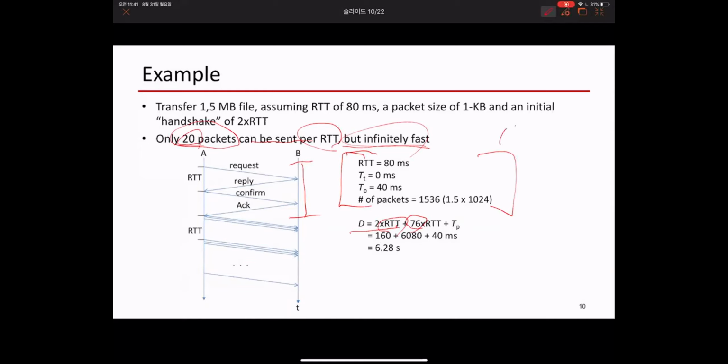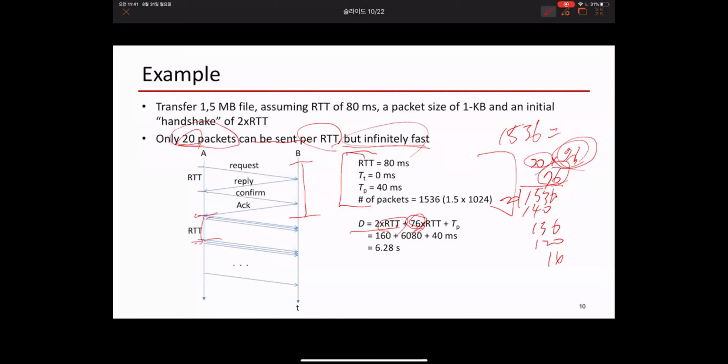So I have 1,536, and every time I can send 20. 1,536 divided by 20 is about 76.8. So in one given RTT, I can send 20.